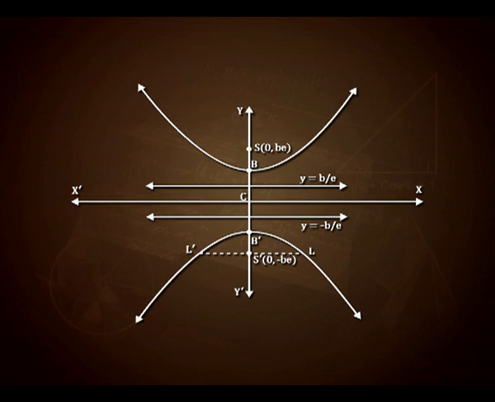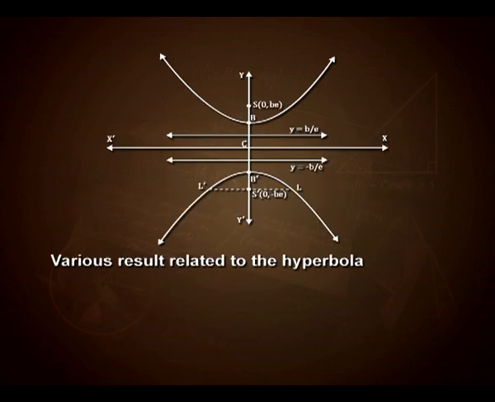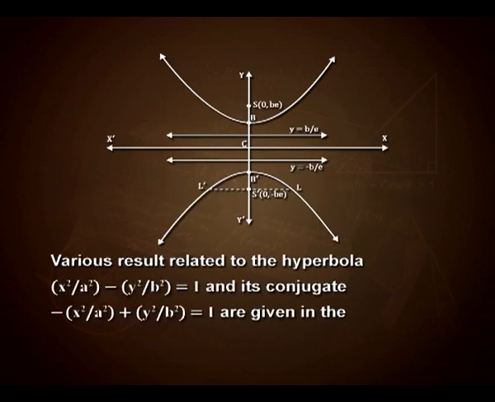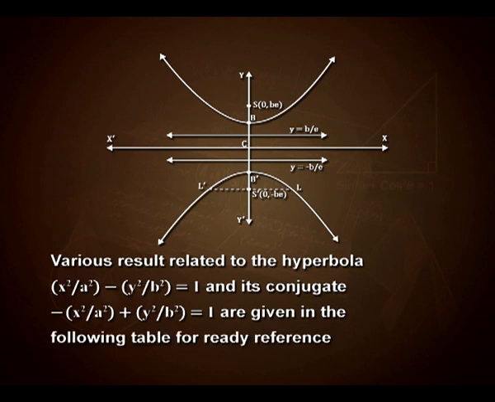We have got the various results related to the hyperbola x²/a² − y²/b² = 1 and its conjugate −x²/a² + y²/b² = 1 given in the following table for ready reference.